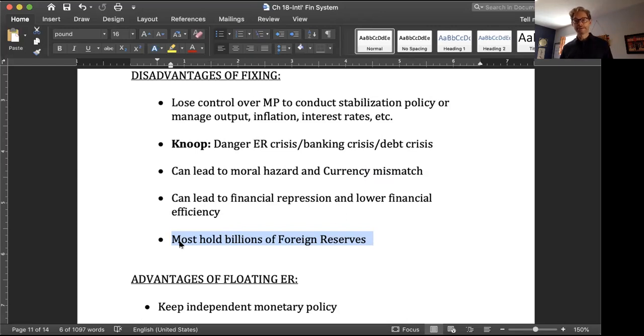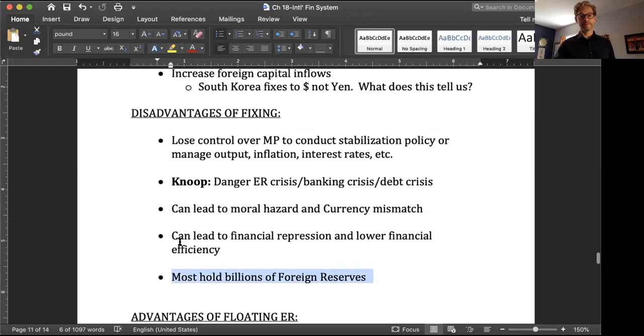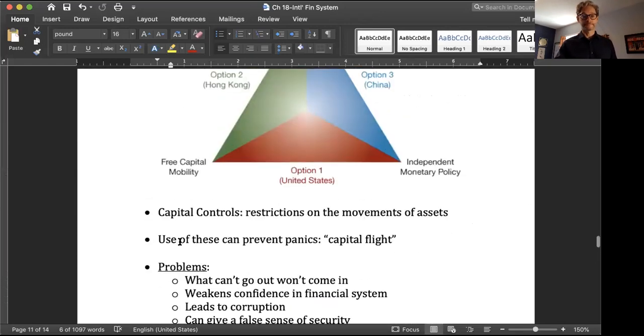You're holding all of these dollars and getting very little return for them. It's great for the US, right? Once again, it's great to be the international currency, but many countries really have better uses for their money than just lending a bunch of money to the US, right?